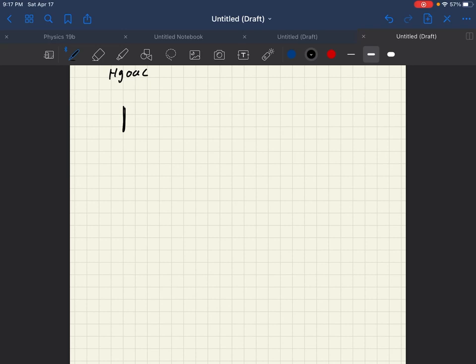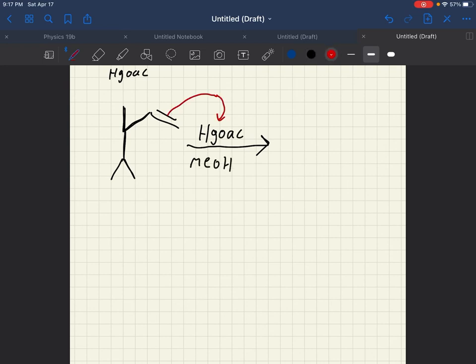And let's draw this one now. Say we have something that looks like this, and we're reacting it with Hg(OAc)2, MeOH. All that's going to happen here is the Hg is going to be here, it's going to disappear, and MeOH is going to come and attack.